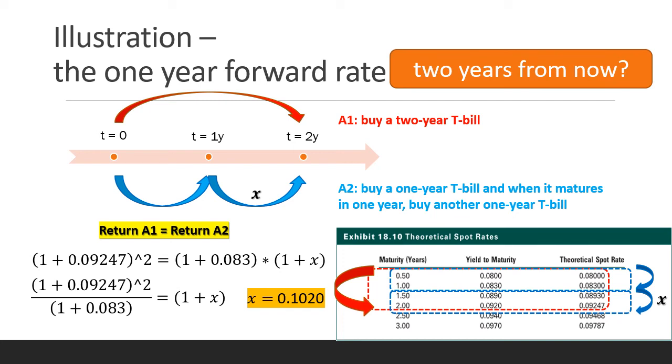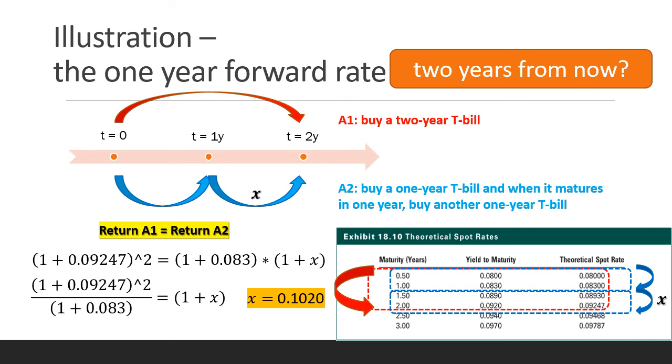Can you work out this 1-year forward rate 2 years from now? I'll leave it to you, and you can find the answer in my notes. To conclude, to calculate forward rates from the SPAR rate curve, the idea is quite simple.